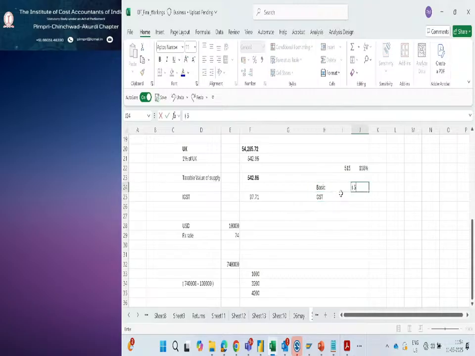So this 515 multiplied by 100 divided by 118, you will get the basic. And how will you get the GST alone separately here? 515 multiplied by 18 divided by 118.